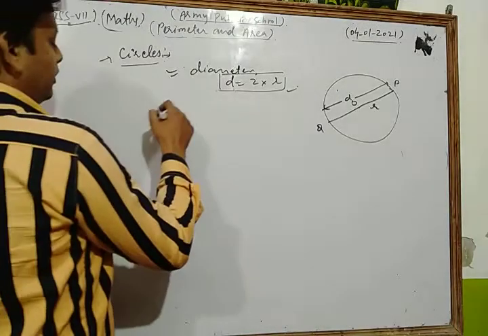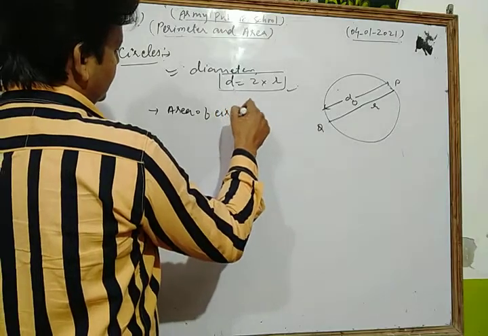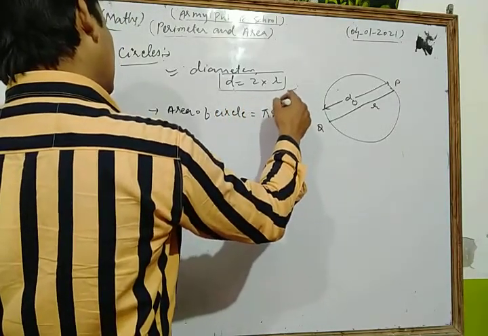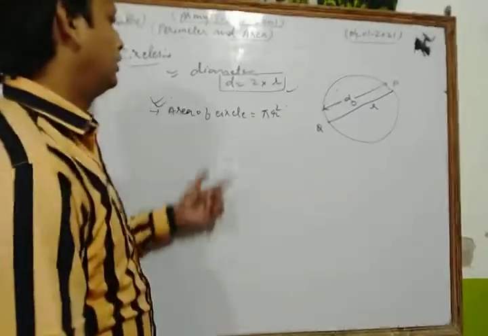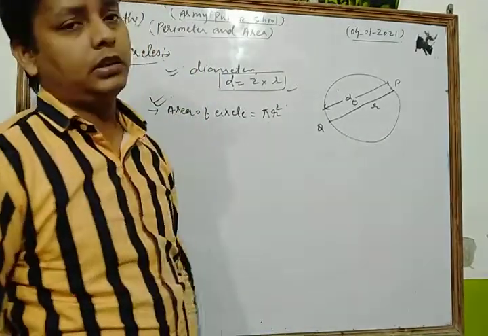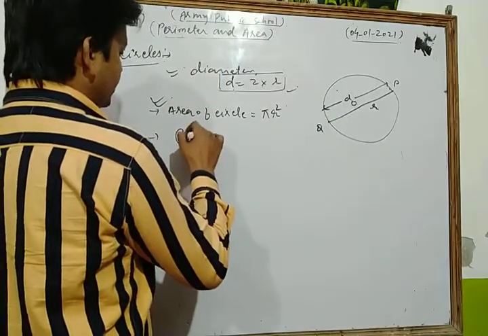Now, the first formula is the area of a circle. The formula for the area of a circle is pi R square. This is a very important formula related to the circle. The second one is the circumference of the circle.